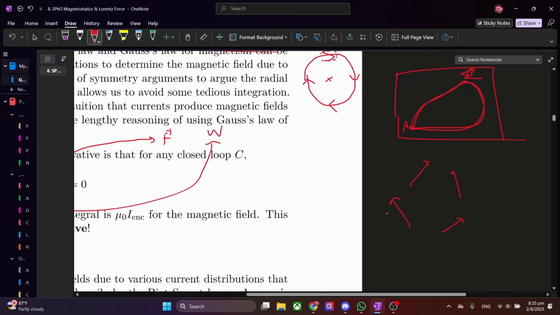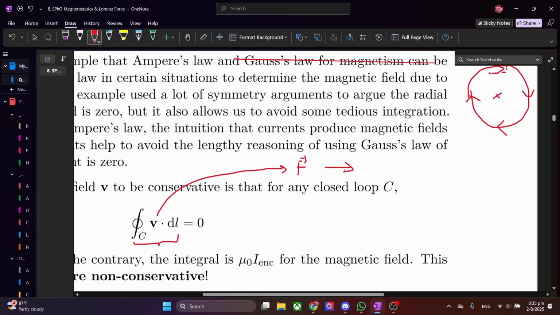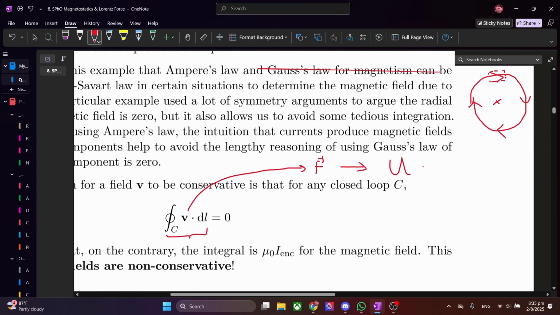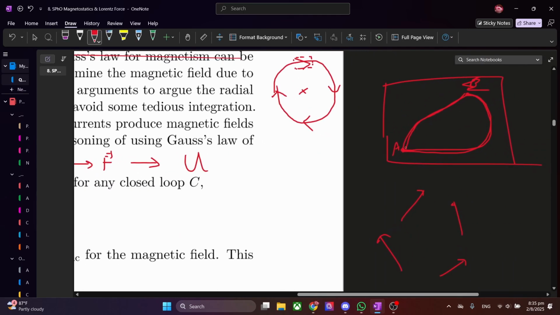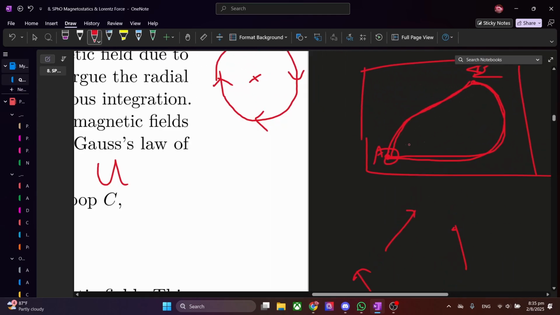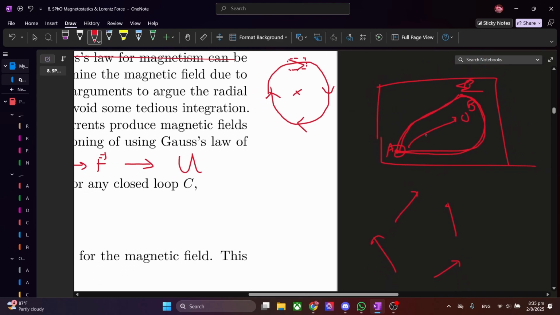That is what it means to be a conservative field, and usually that lets us make a potential energy function, because your potential energy is a state function, which means that it only depends on the position. To calculate, for example in mechanics, the work done to get from here to here, we would just take the difference in potential energies.